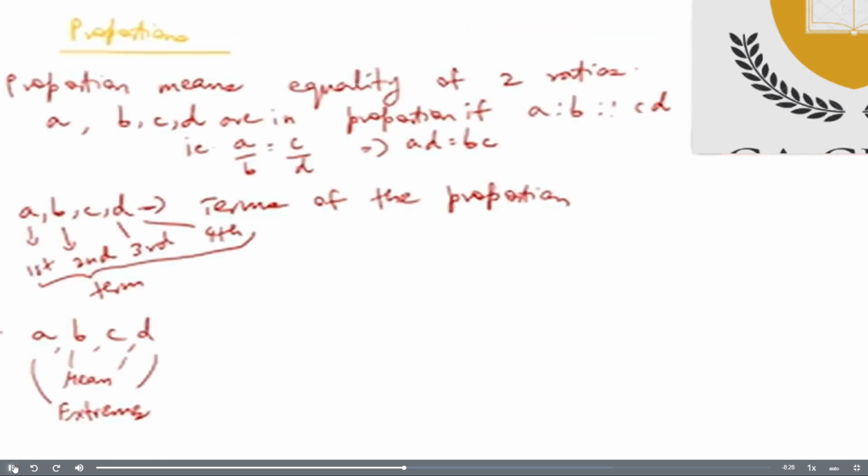If A is to B, proportion C is to D, then D is called the fourth proportional. And there is one more thing here. AD is equal to BC. This is also called product of extremes is equal to product of means. This is the cross product rule.